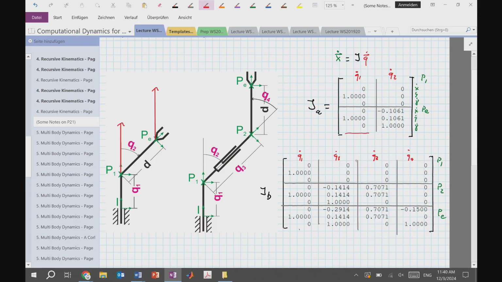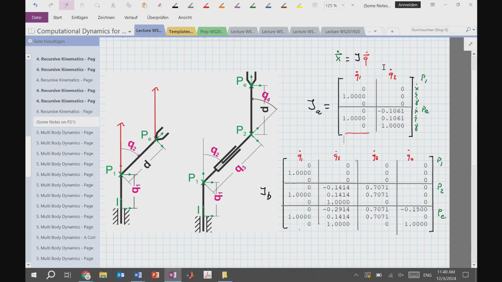This is given through this column of the Jacobian, because joint Q2 would be locked, and I'm moving the entire assembly up and down along joint Q1. And this is what we see here, right? These are the directions of motion: no motion in X of P1, unit motion in Y of P1, no rotation of P1, and exactly the same for PE. Moving parallel, because that joint would be assumed to be blocked.